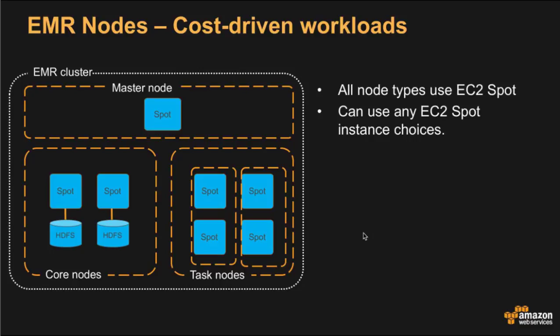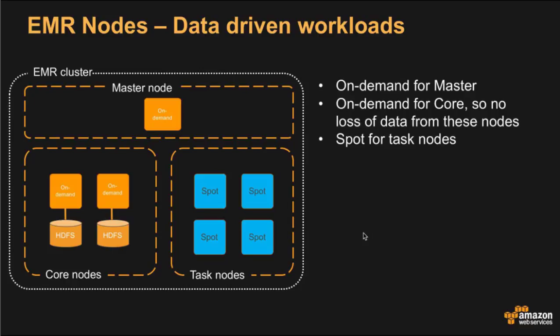So if you are able to choose your instance types based on the instance advisor, which can run for a certain amount of time and then finish running, then definitely you can run the entire cluster on EC2 Spot as well.